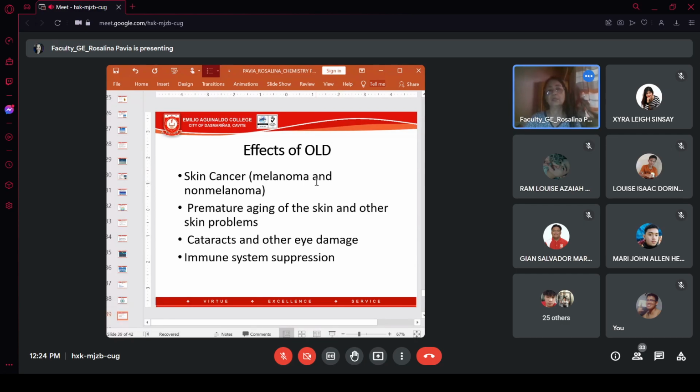Skin cancer, melanoma and non-melanoma, premature aging of the skin and other skin problems, that is darkening of the skin also, pigmentation sa skin, cataracts and other eye damage, immune system suppression also, and other diseases that are brought about by the depletion of the ozone layer and the absorption of UV rays coming from the sun.